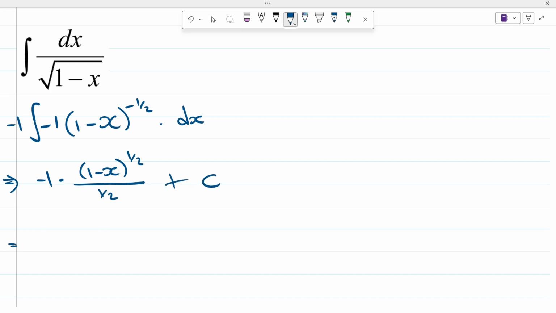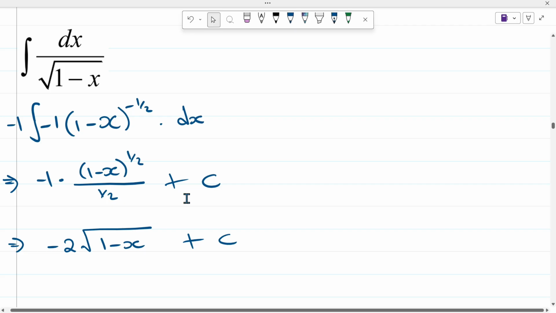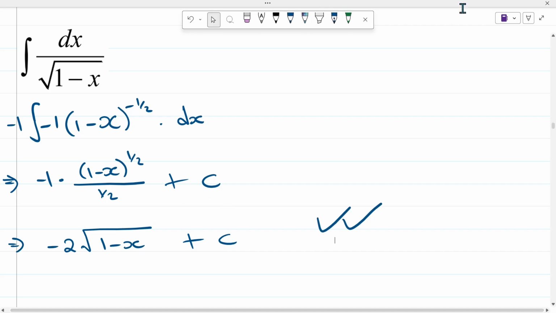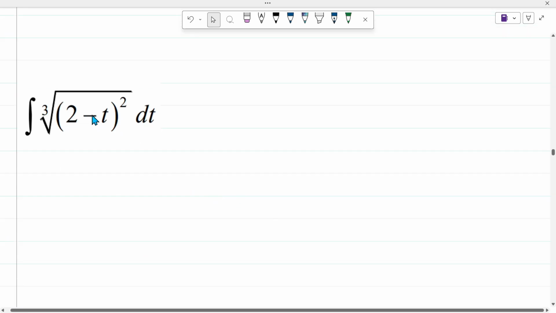Then of course we can rewrite this nicely by taking the 2 up. That's going to be -2 multiplied by the root of 1 minus x, plus c. So then that becomes your answer. I hope you got it, because this is easy, right? It's now very easy.